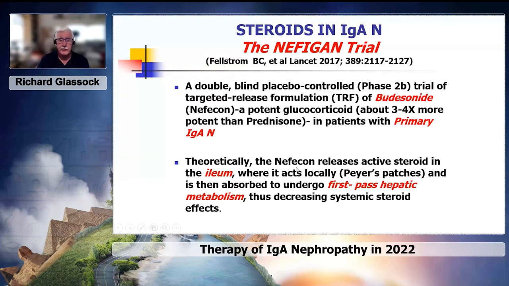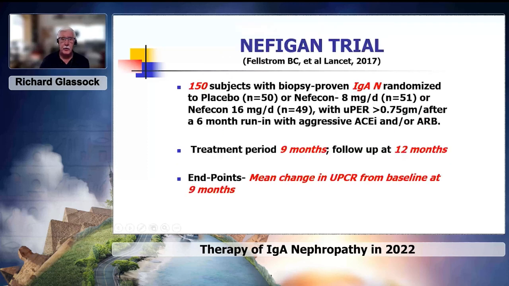Theoretically, this special formulation releases active steroids in the ileum, where it acts locally on Peyer's patches to reduce the production of aberrant IgA and IgA antibody. The steroid is then partially absorbed, undergoes first-pass hepatic metabolism, and greatly decreases systemic steroid effects.